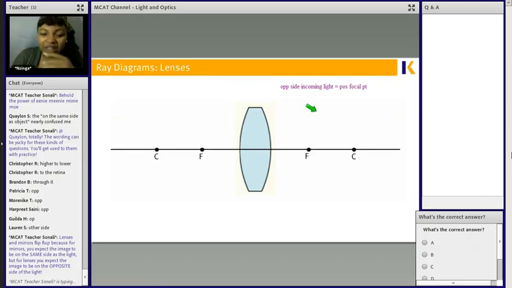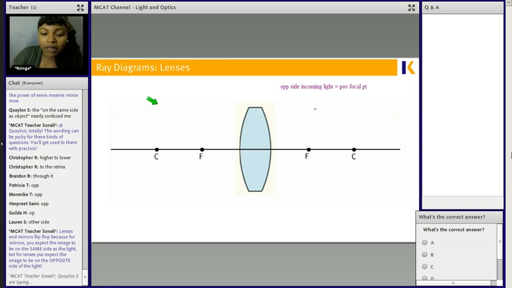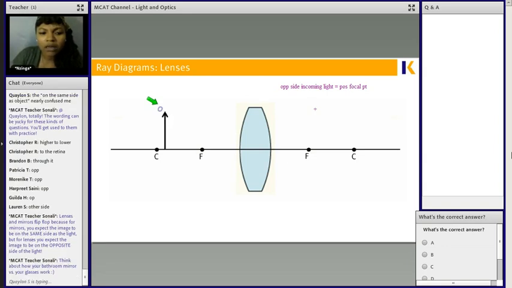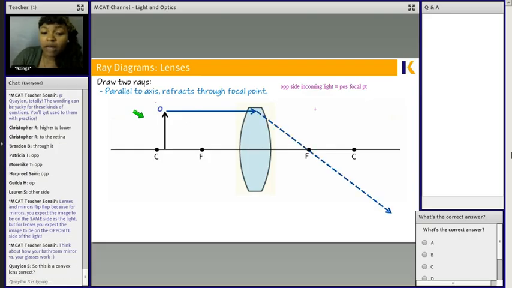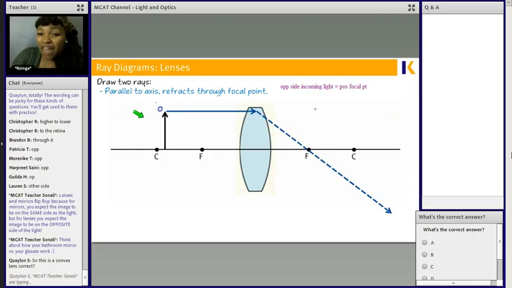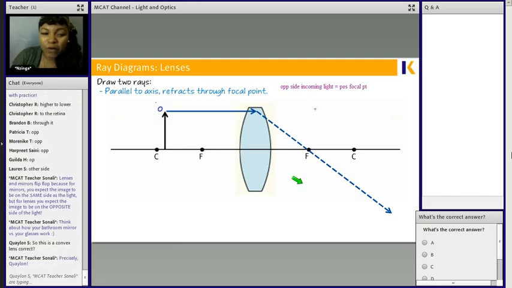So this is going to be the positive side that we have right here, and this is going to be the negative F side when it comes to the lens. Okay. So if we think about this object, we're going to use some of the same basic ideas. We're going to do parallel, and send it to that positive focal point that we have here, and then we're going to do the central one.